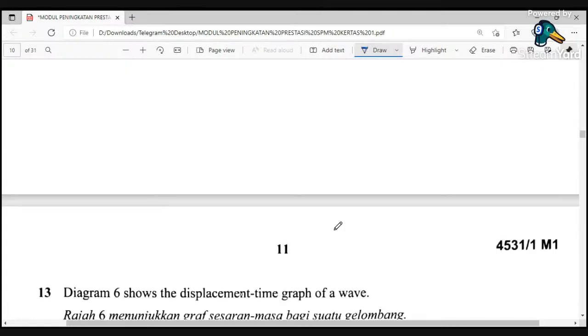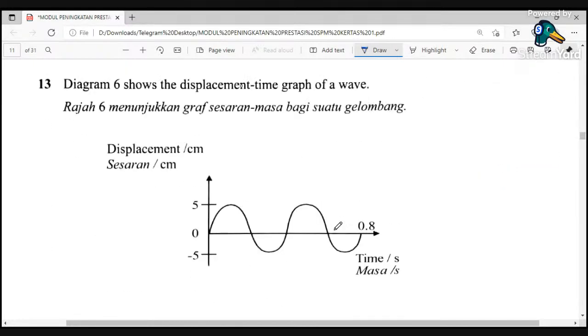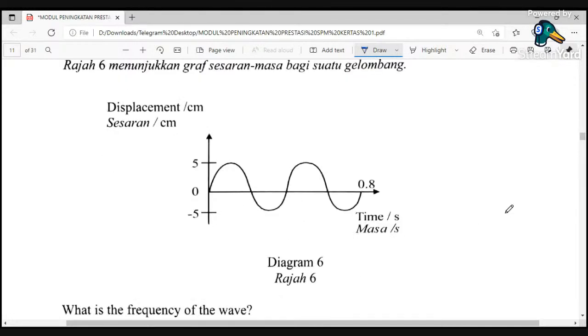Okay, soalan 13. Displacement time graph of wave. For this one you must understand the shape of the graph. Semua kena faham. Okay, the maximum displacement, either the positive part or the negative part, this one is known as amplitude.